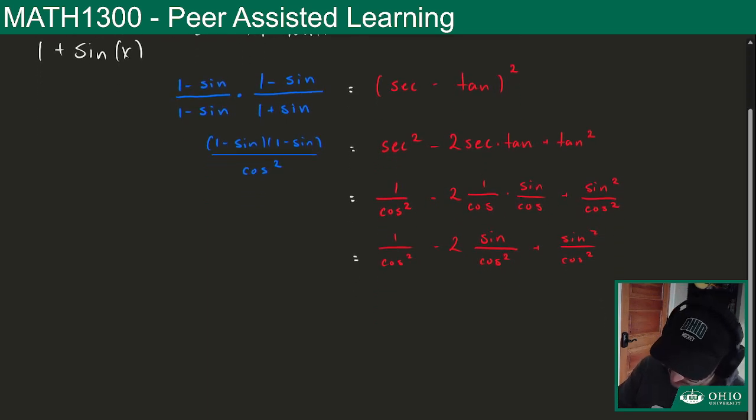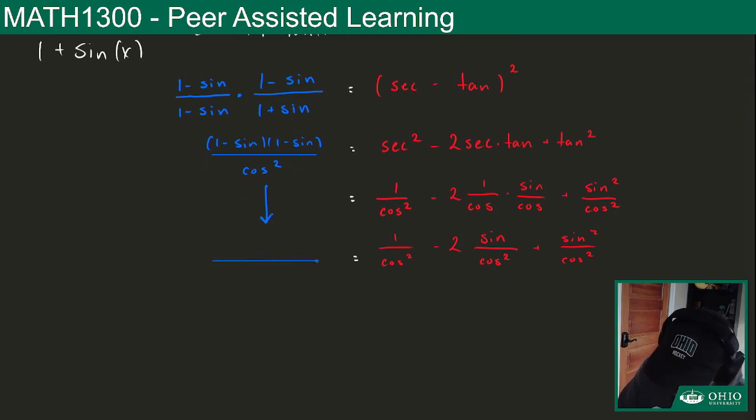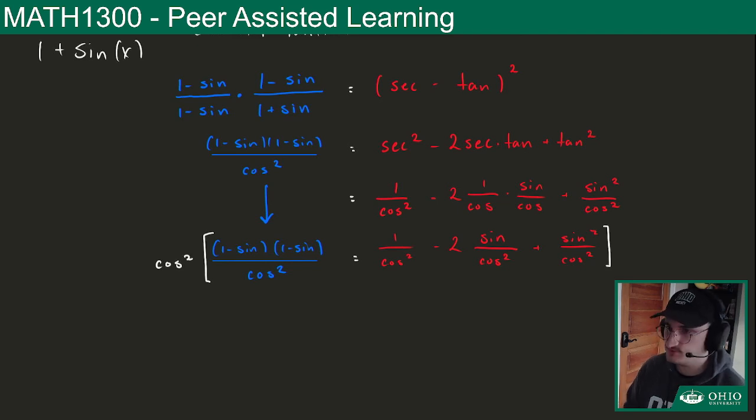So we can bring down this quantity, and since we have a cosine squared in this denominator, we can multiply everything in this equation by a cosine squared. I like to represent that by putting brackets around the whole equation, and this is all getting multiplied by a cosine squared.